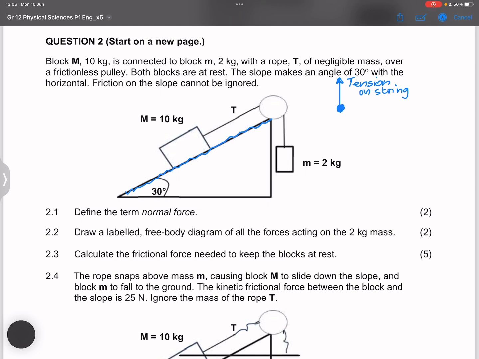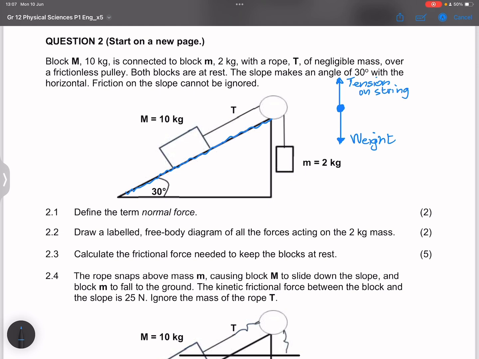Try as much as possible, ladies and gents, to make it visible which force is bigger than the other. Now, because our system is at equilibrium, it means that our tension there should be equal to the normal force. Let's just make it easier for ourselves. Let's say this is the weight of mass m. So that's the free body diagram.